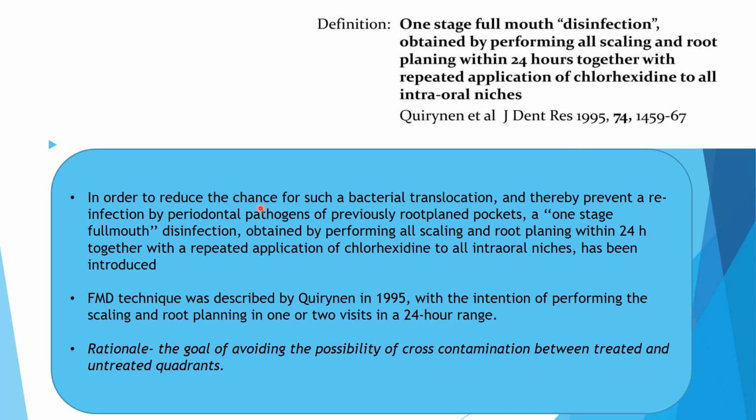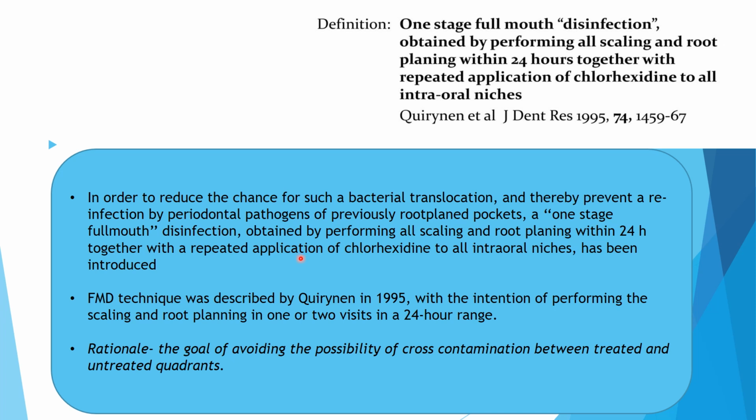In order to reduce the chance for such a bacterial translocation and thereby prevent a reinfection by periodontal pathogens of previously root planed pockets, one stage full mouth disinfection will be done. That is, performing all the scaling and root planing within 24 hours with the repeated application of chlorhexidine.